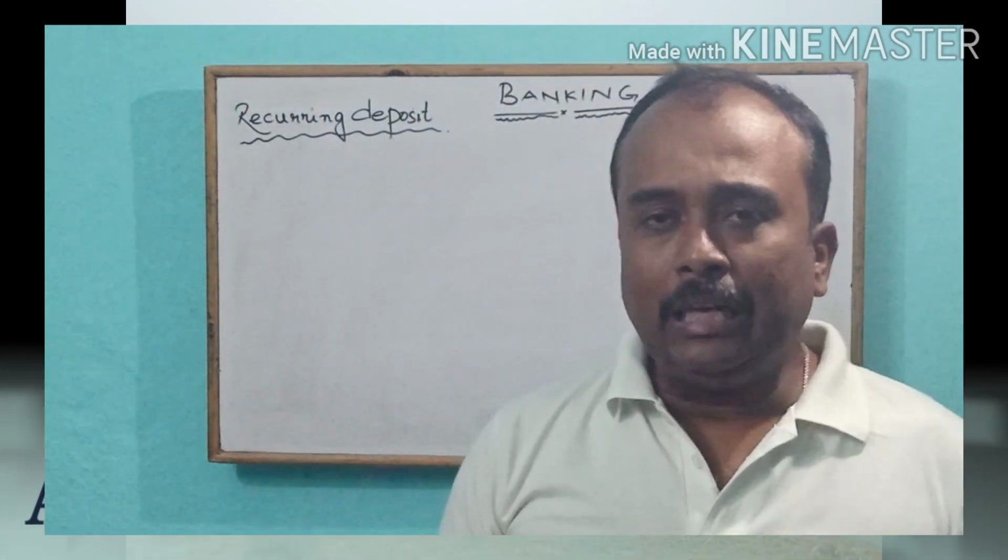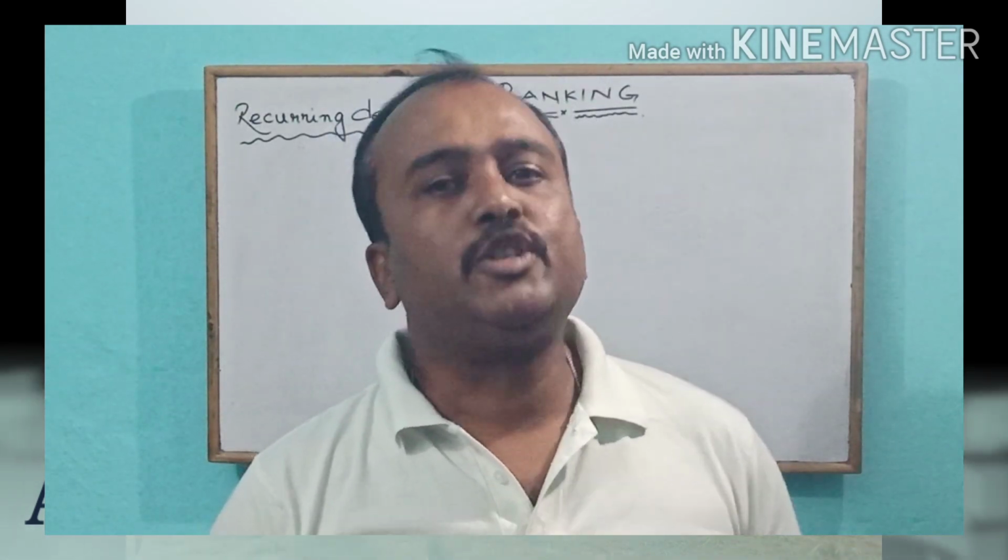At the end of the time period, the bank pays you your money as well as the interest which has accumulated, and the money you have paid and the interest accumulated together give you the maturity value. These are the terms we should know. First we understand how the interest is calculated, then we shall understand how the maturity value is calculated.